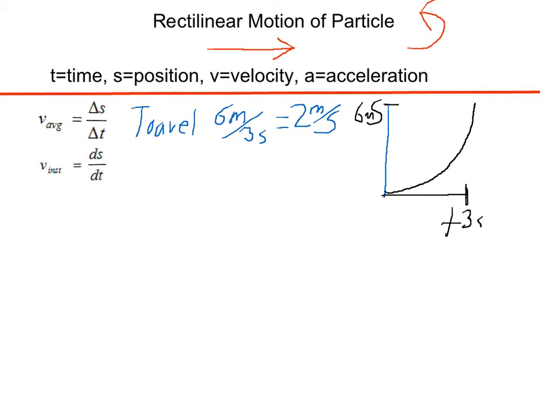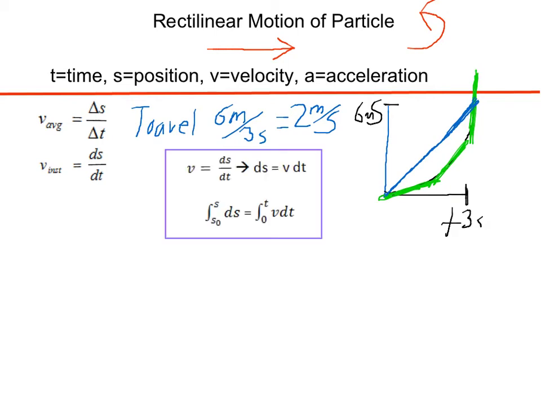Well, the instantaneous change of position with respect to time right here would be below 1 meter per second. Right here it might be at around 2, and right here it would be well above 2. You can see how those change versus the average velocity the whole time, which would just look like that. On average it's going 2 meters per second, but at each point in time it's going a different speed.